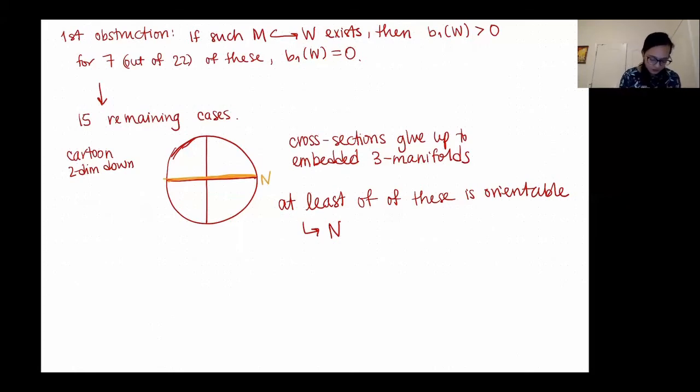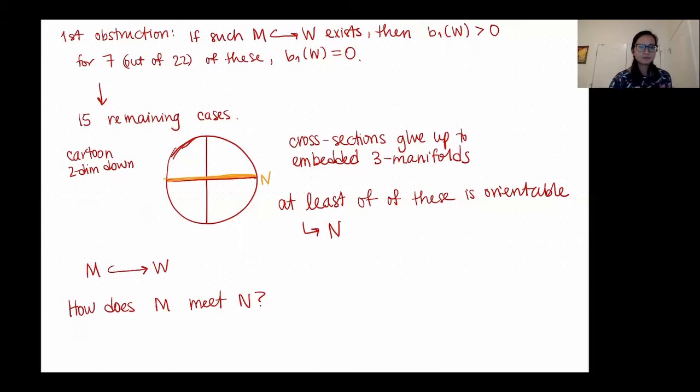So what we're going to do is assume that we have this other M, which is closed, totally geodesic, embedded into W. And we're going to ask, how does M meet N? Okay.